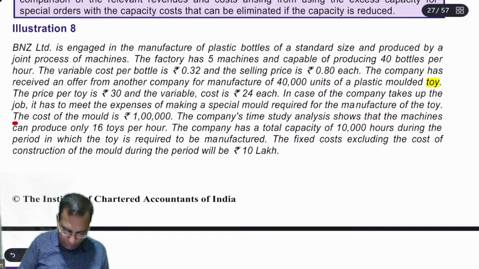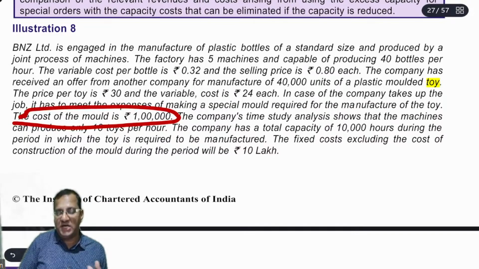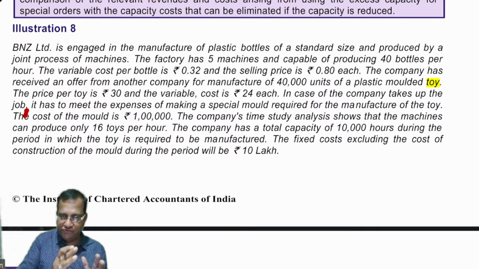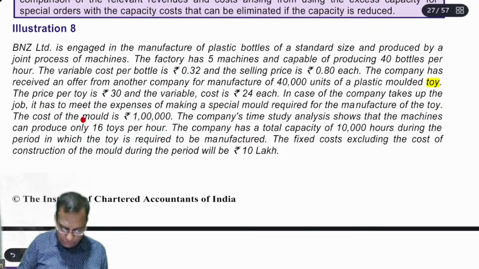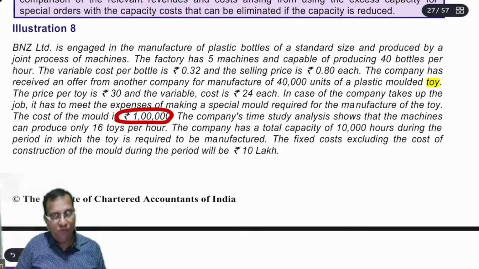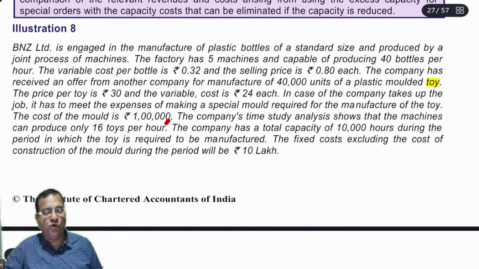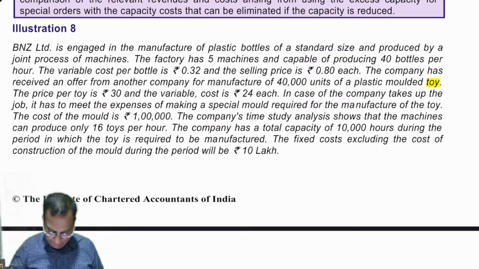This mold will be exclusively used. हिंदी में क्या बोलेंगे बेटा? मोल्ड को सांचा, शेप जो आता है ना, जो प्लास्टिक ग्रेन्युअल्स में हम डाल के जिसके थ्रू हम शेप देंगे, that is known as mold, and it will cost us rupee 1 lakh. This mold will not be utilized in our existing product. It will be prepared exclusively only for this special order.